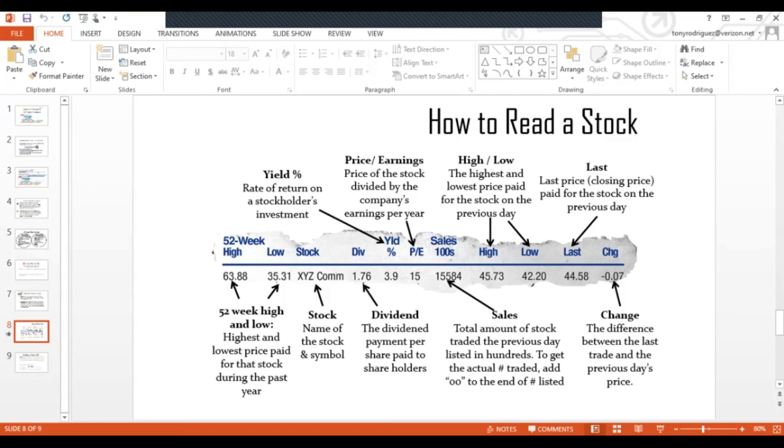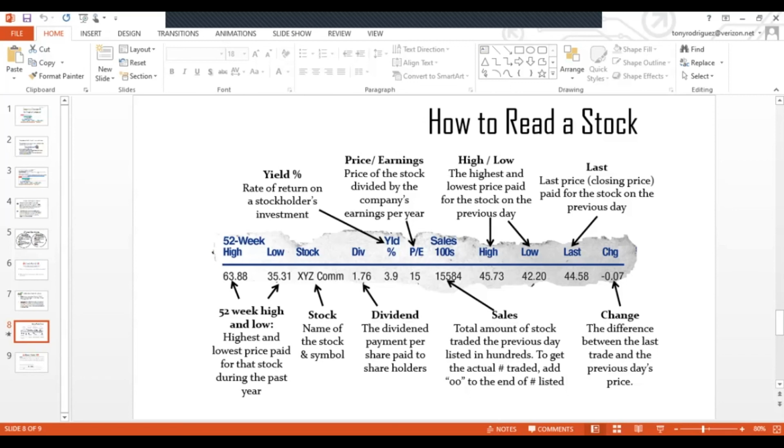So yesterday, the highest price that that share of stock sold for was $45.73. That was the highest it went up to, and the lowest it was $42.20. So that tells you yesterday's high and low. Don't be confused. This is going to tell you over here the 52-week high or low, and this is going to be talking about yesterday. Okay, so big time frame differences there.